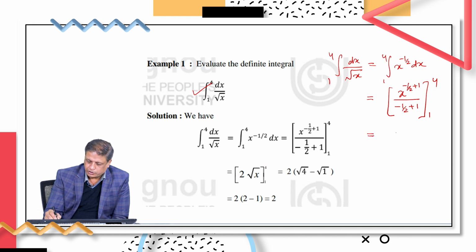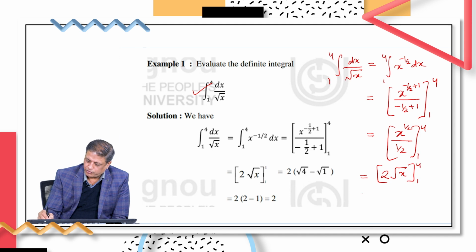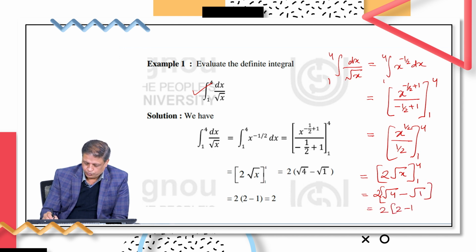So you got the expression x to the power 1 by 2 upon 1 by 2 from 1 to 4, that is 2 root x to be evaluated from 1 to 4, that is 2 into square root of 4 minus square root of 1, and this turns out to be 2 into 2 minus 1, that is equal to 2, and which is the answer.